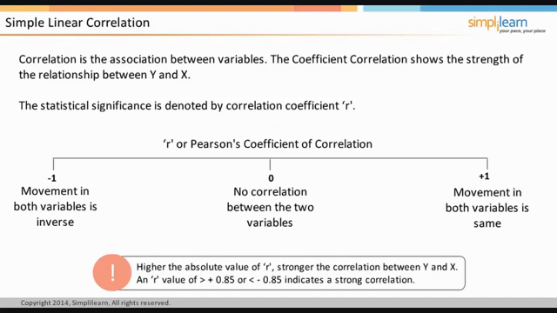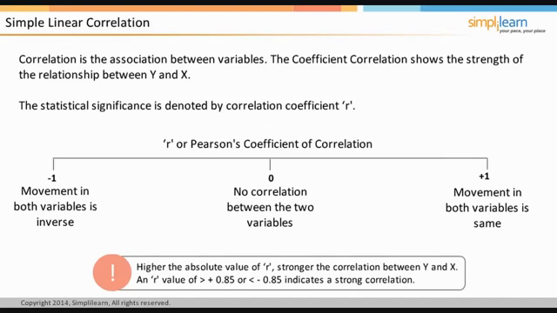Higher the absolute value of r, stronger the correlation between y and x. Absolute value of a number is its value without the sign. +4 has an absolute value of 4, and -4 again has an absolute value of 4.